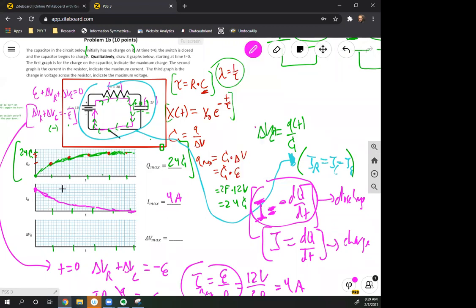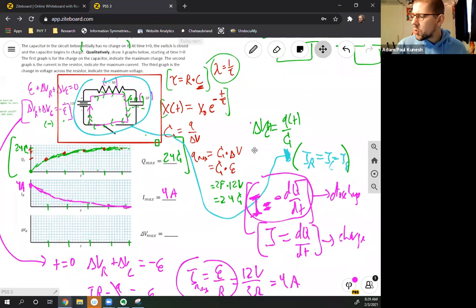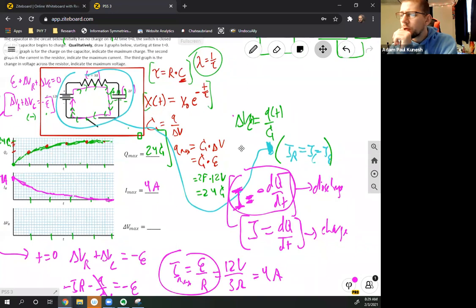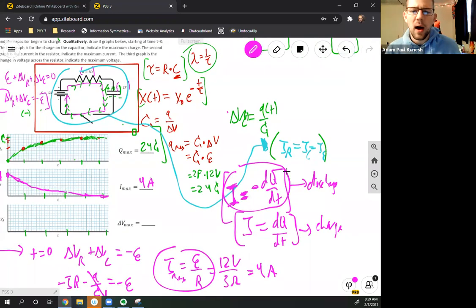Could you go over the signs again about positive and negative? Yeah, sure. This is just a sign convention that we're setting, but the convention is that current should be positive for a charging or discharging interval of an RC circuit.